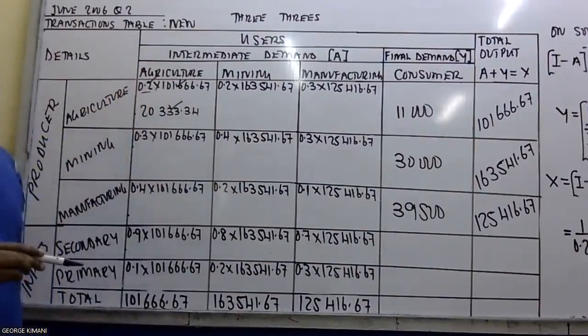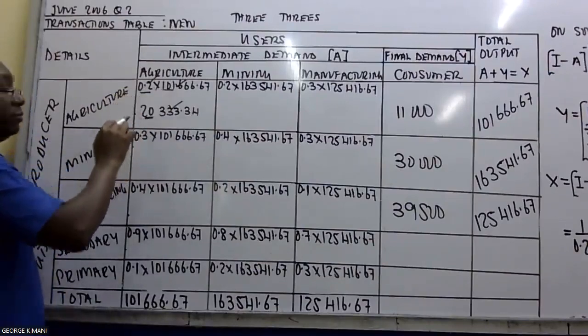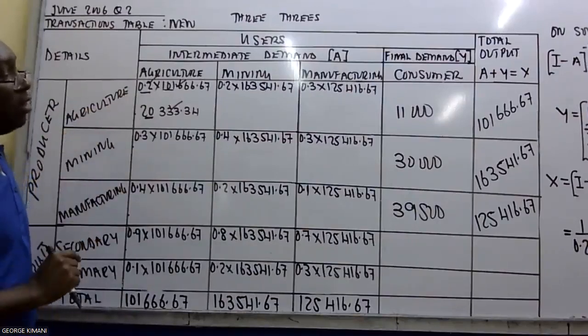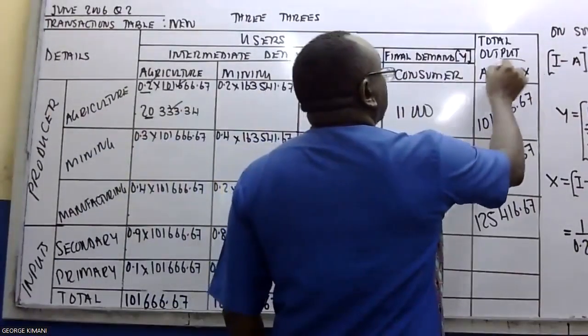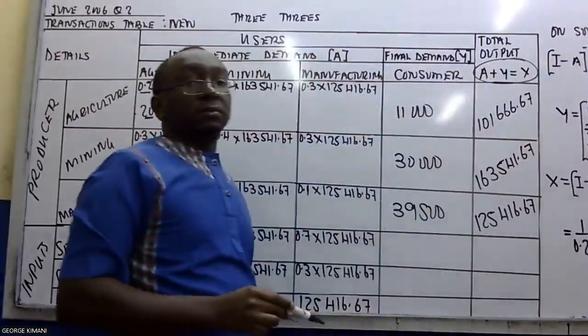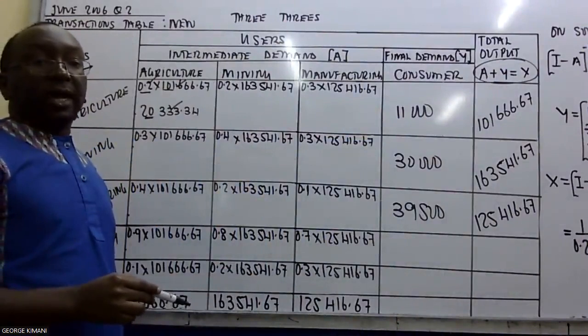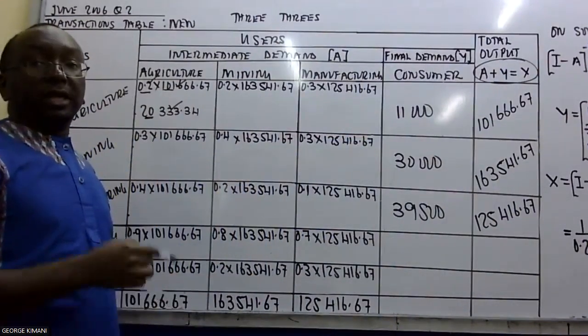Saa hii nao tukitengeneza the mpya, tumekuwa na huyu tunatafuta huyu. So you'll always be given any 2, you look for that one. The second 3 is here. A plus y, x. So again there, you will always be given any 2 to get that one.